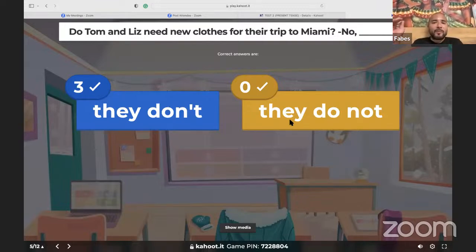Maybe the person has already said it at least 3 times before to the same person, and the person asks again, do Tom and Liz need new clothes? I don't know if you told me. No, they do not. And please don't ask me again, okay? So that would be the level of the tone here when you separate. So pay attention just for a minute. If you separate those contractions, normally you're going to sound angry or emphatic. So just so you know, okay?